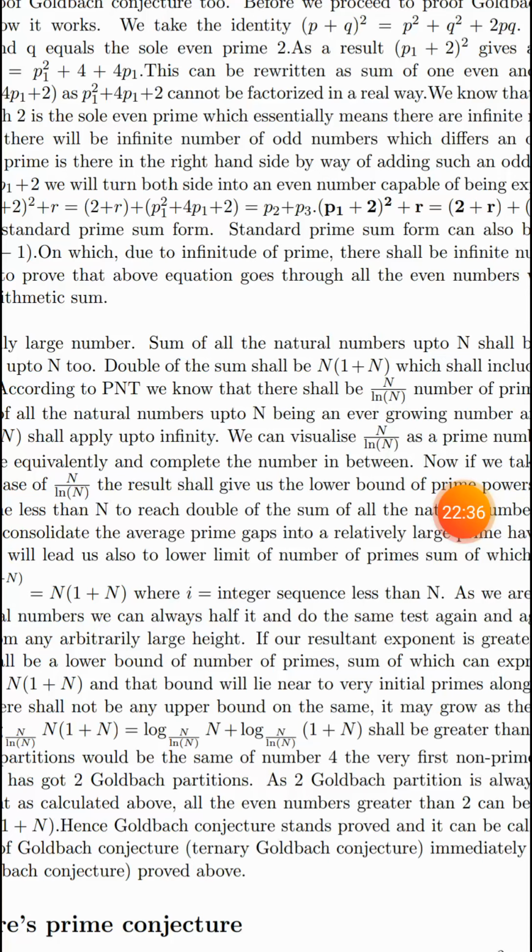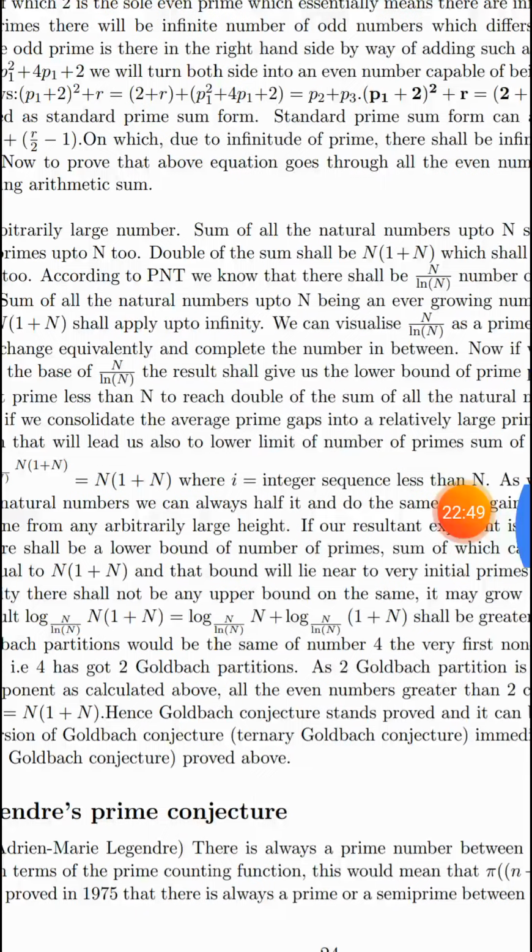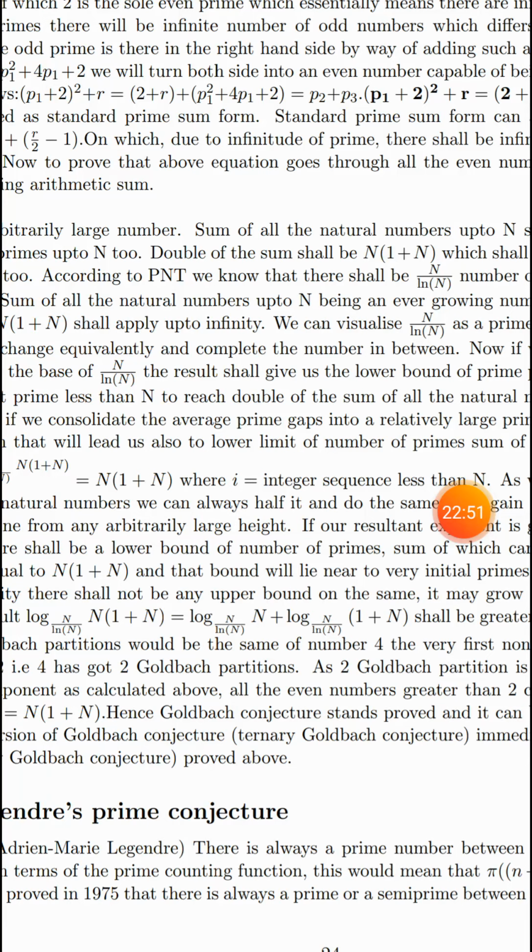Then if we take the log with respect to the determining factor of PNT, the result will give us the lower boundary of the representation of Goldbach partitions, and that will be greater than 2.